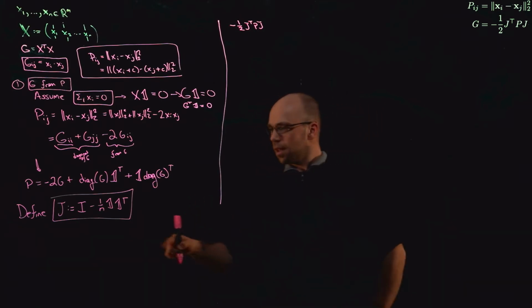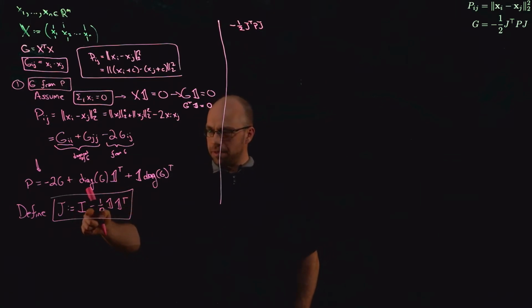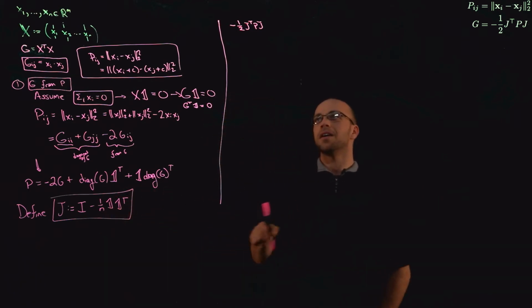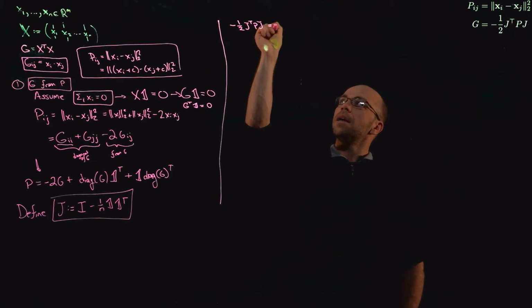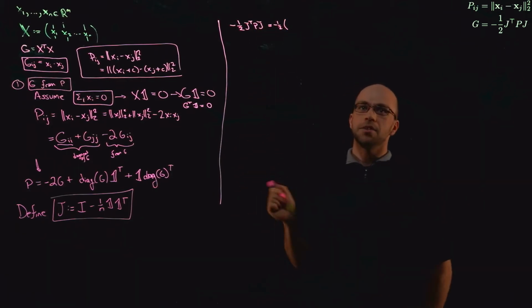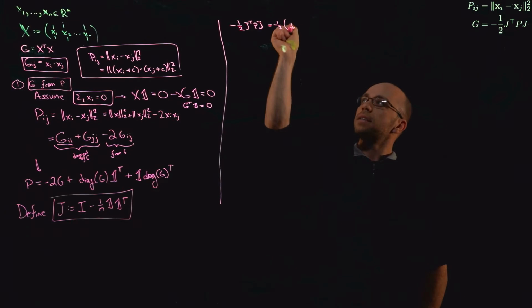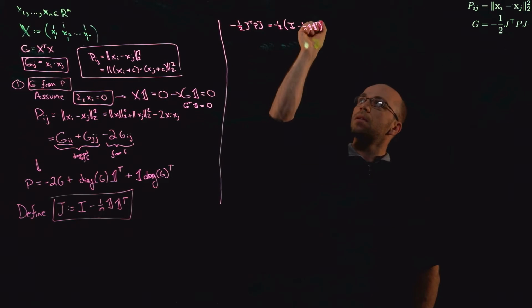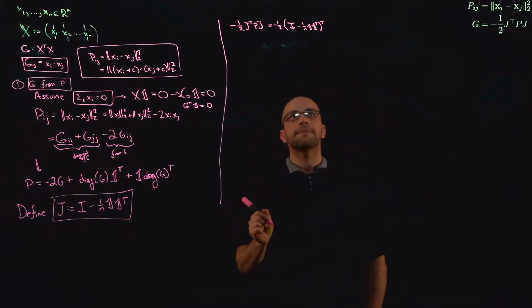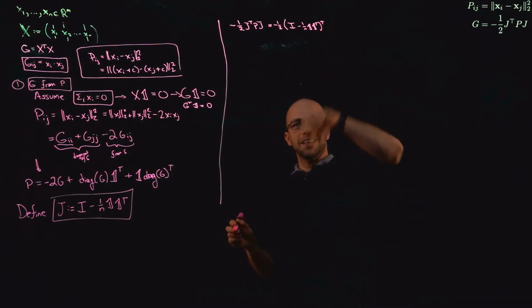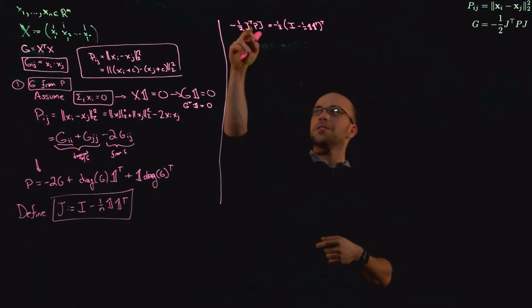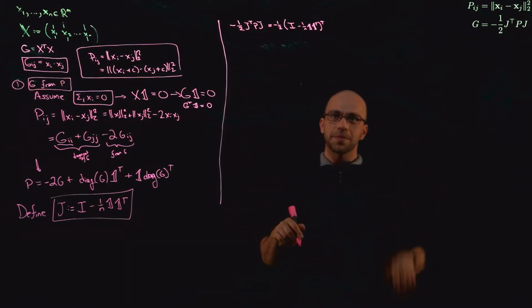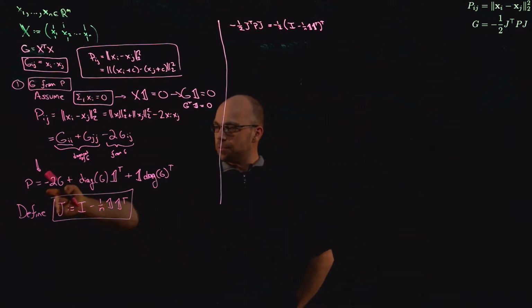So, by the way, notice that this matrix is symmetric, right? Identity is a symmetric matrix, and this guy, if I transpose it, just flips those two ones. Okay, so this is equal to minus 1/2. Now we need the J transpose, so that's identity minus 1 over n, 1, 1 transpose. Notice this transpose is optional because, again, J is symmetric. We usually write this expression with a transpose just so it kind of looks symmetric. And now we have an expression for P, right?